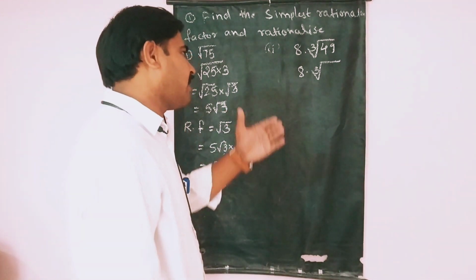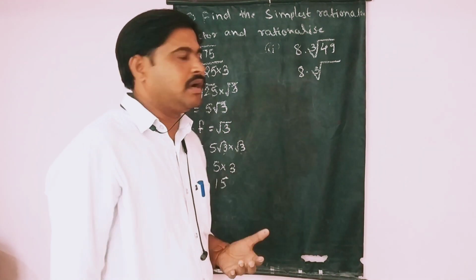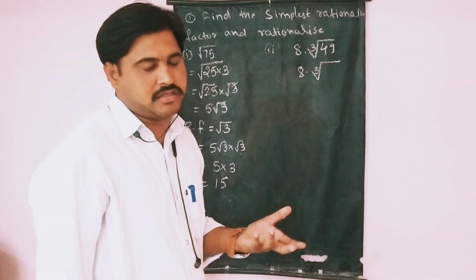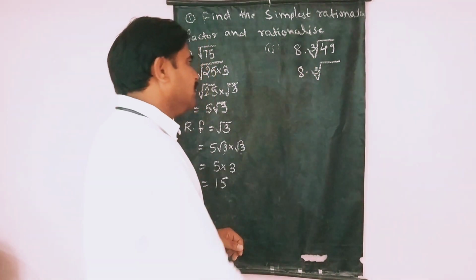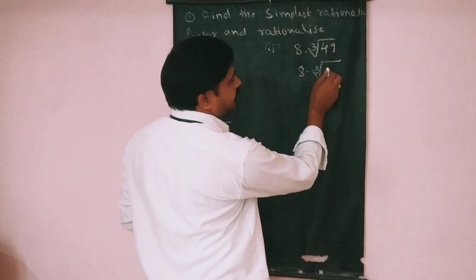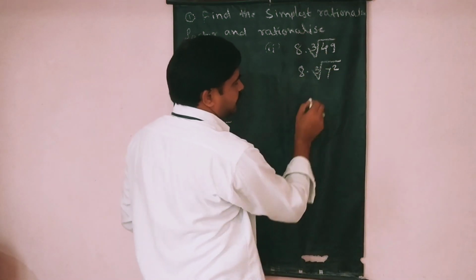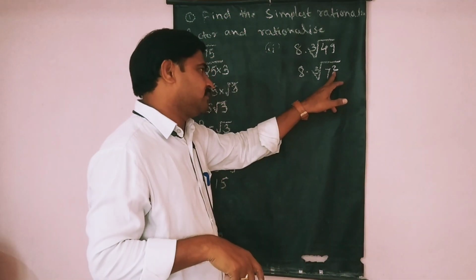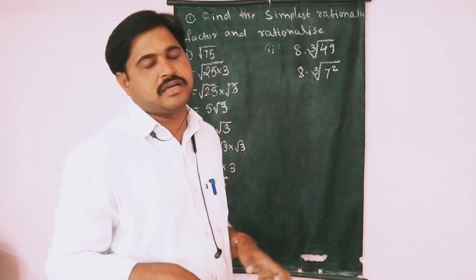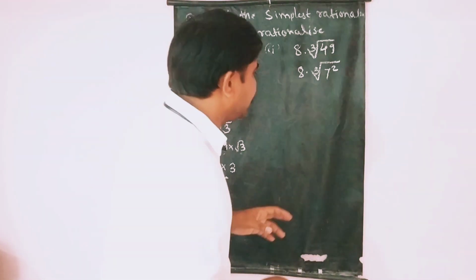You should multiply by the rationalizing factor to get a cube number inside. Actually, 49 is 7 square. To get a cube number here, we need to multiply by the cubic root of 7.